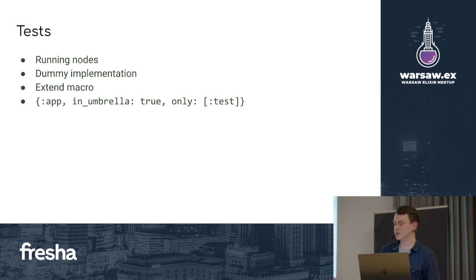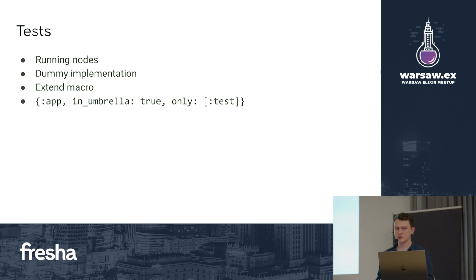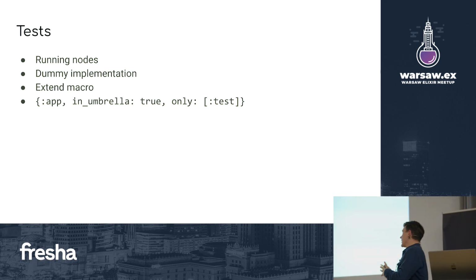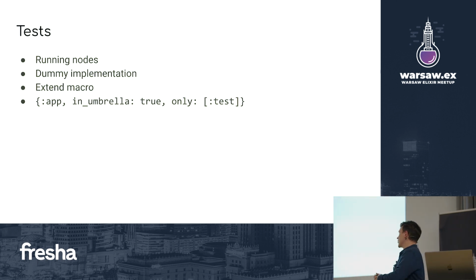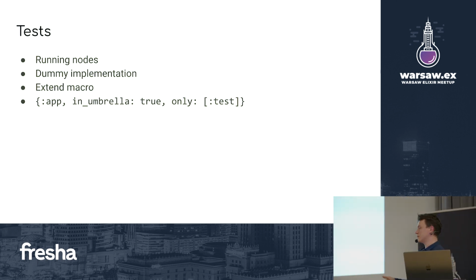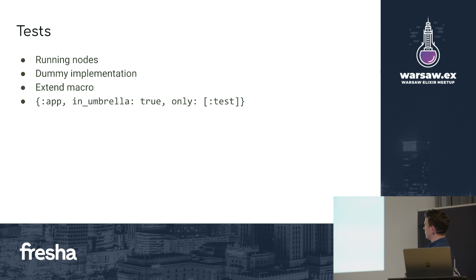So, what about tests? Because this transformation makes it a little bit more troublesome. I can see a few approaches that we could take. We could simply run the nodes that our tested node depends on. That's quite a simple approach.